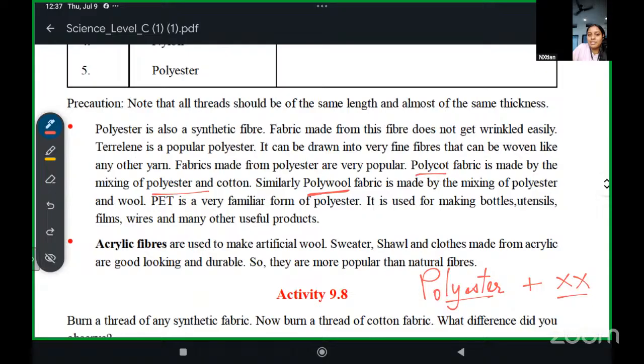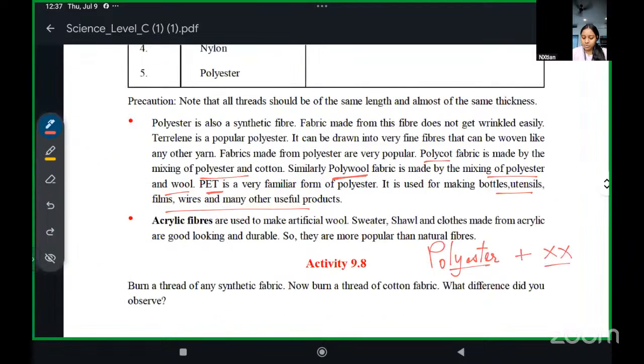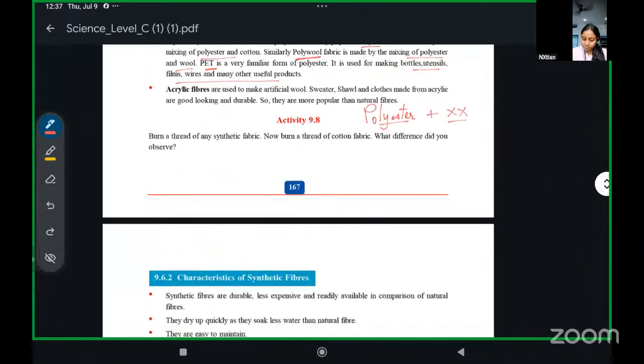Polywool, polyester plus wool, polywool. Mixing of polyester and wool. PET is also a very familiar form of polyester. If you've seen bottles, utensils, wires, and all made up of some material, that is PET.